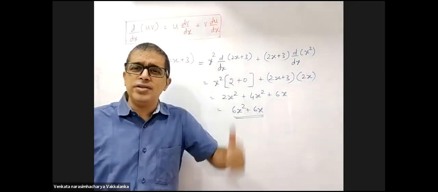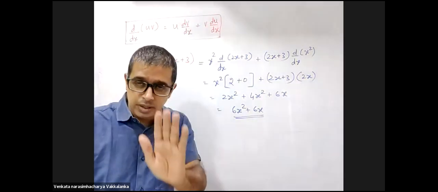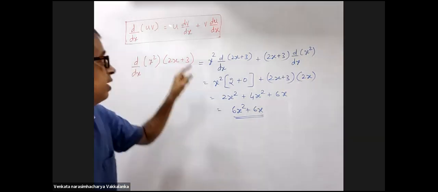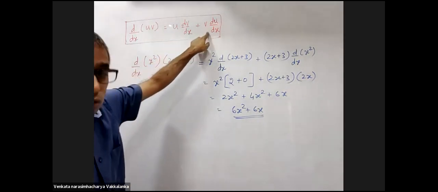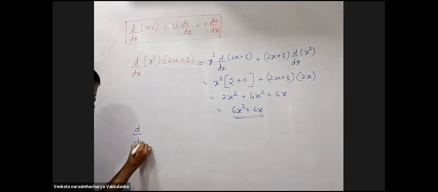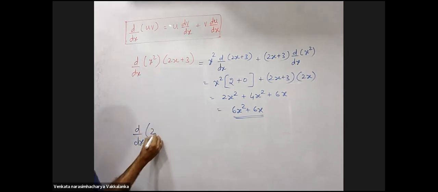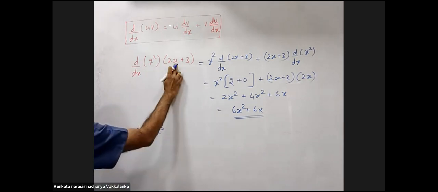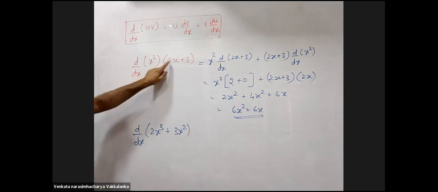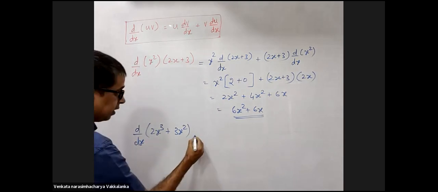How do you know that this is right? Let us assume we don't know this. How will you do this? D by dx of, open up this by multiplication: 2x cube plus 3x square.